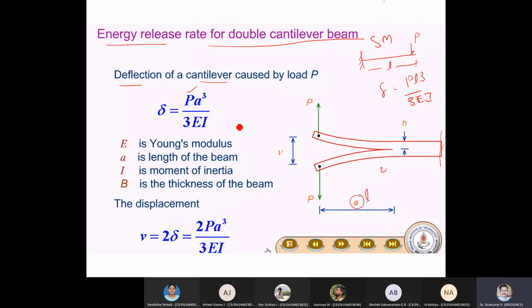Instead of L, it is A. So PA cube by 3EI is this particular distance, delta. What is V? 2 times the delta. So 2 by 3 PA cube by EI. What is that? Displacement.